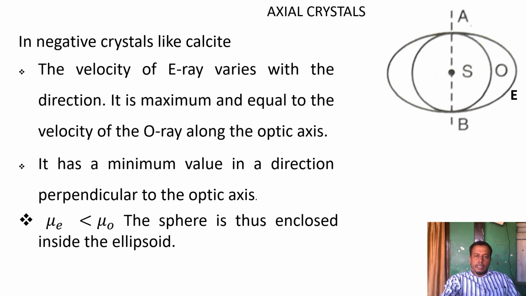The diameter of the sphere AB is equal to the minor axis of the ellipsoid of the extraordinary ray.